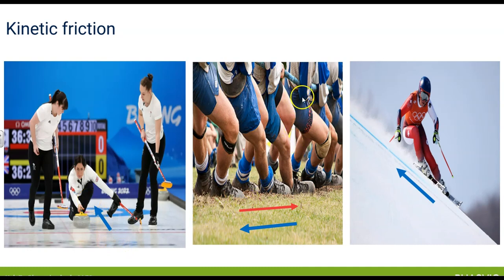If the opponent's tug of war team were pulling this team so hard that their feet were sliding left to right, there would be sliding friction acting in the opposite direction of that motion. And things like skates and skis, obviously travelling across or down the slope here, kinetic friction or sliding friction opposes that direction of motion. And again, on these two surfaces, it's probably very, very small.